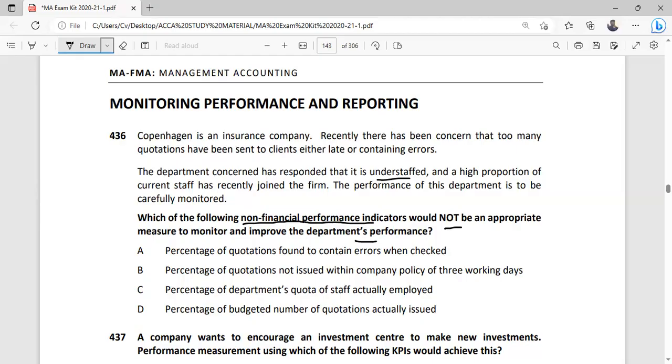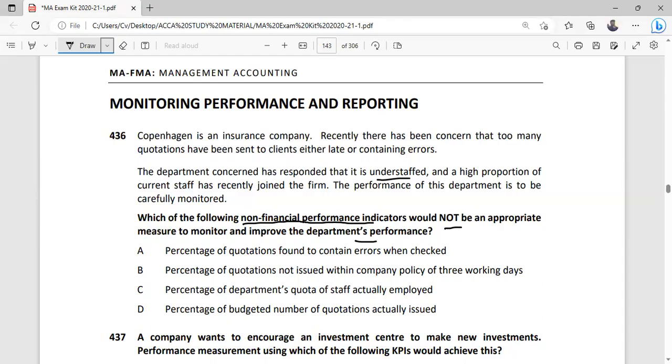Which of the following non-financial performance indicators would not be an appropriate measure to monitor and improve the department performance? Percentage of quotations found to contain errors when checked. Percentage of quotations not issued within the company policy of 3 working days. Percentage of department quota of staff actually employed. Percentage of budgeted number of quotations actually issued.